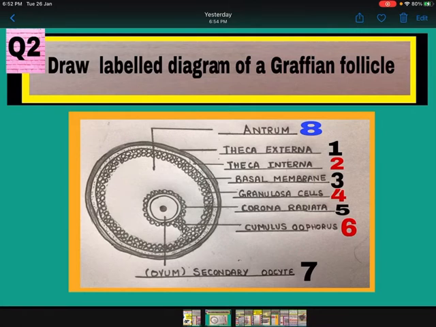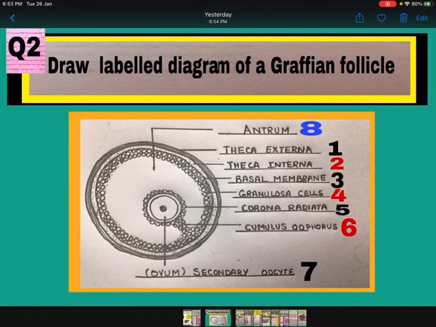Now label the cavity present in the follicle called antrum. This is labeling number 8. See the diagram, and the granulosa cells project into the antrum and form cumulus oophorus. This is labeling number 6.